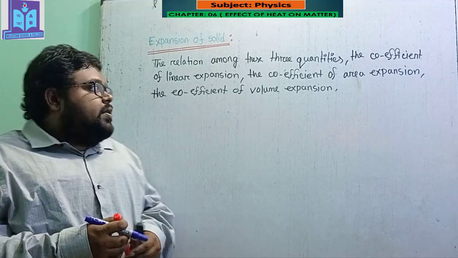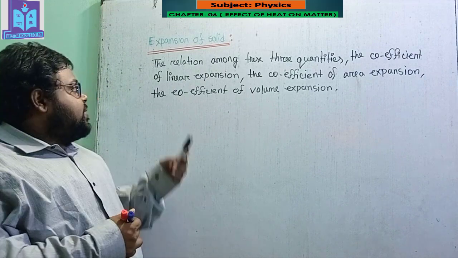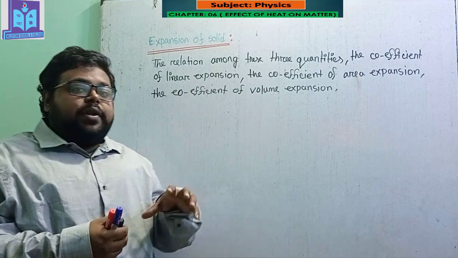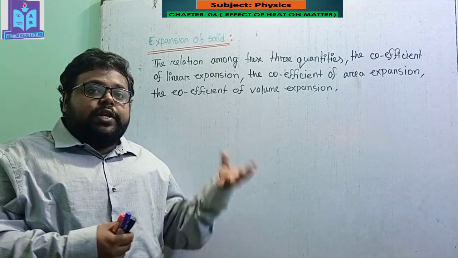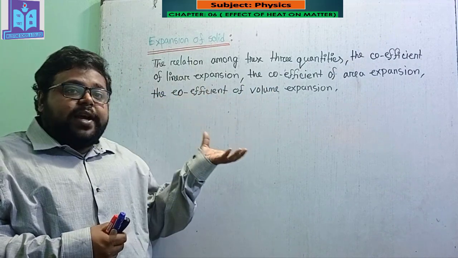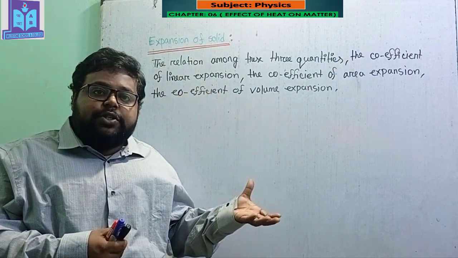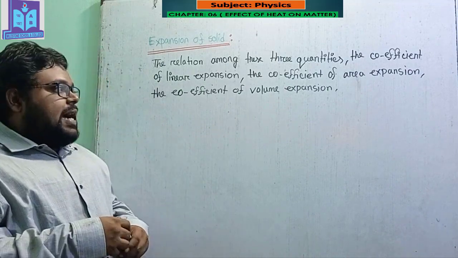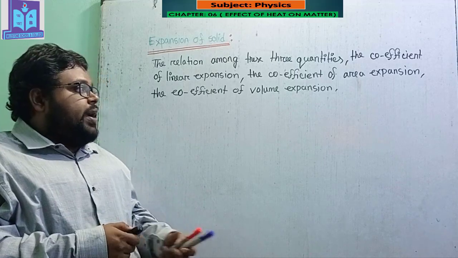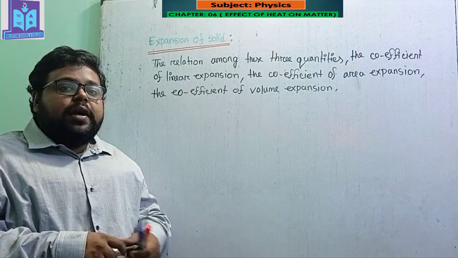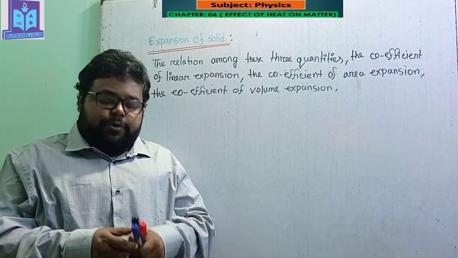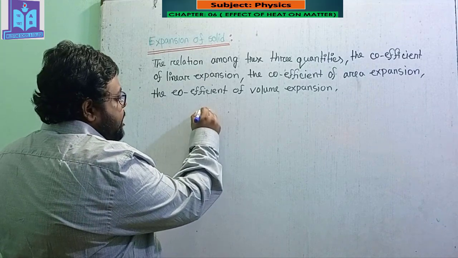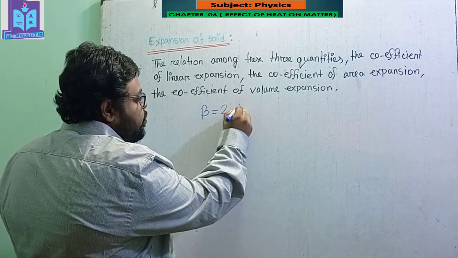Dear student, now our next topic is the relation among these three quantities. That means I will discuss the relation among the coefficient of linear expansion, the coefficient of area expansion, and the coefficient of volume expansion. At first, the relation between the coefficient of linear expansion and the coefficient of area expansion is beta equals 2 alpha.